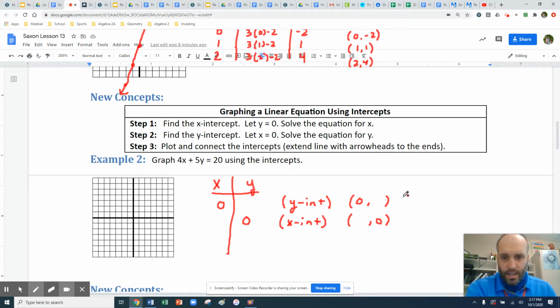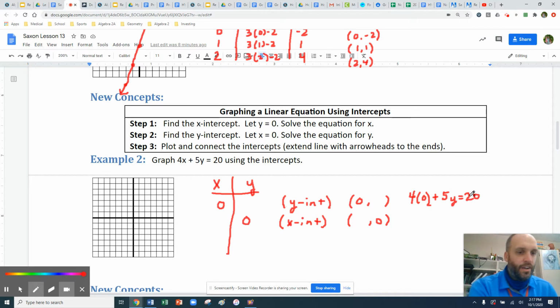So first, we are going to calculate the y-intercept. Wherever that line crosses the y-axis, x is going to be equal to 0. So we look at the equation. Instead of x, we're going to put a 0 in. We get 4 times 0 plus 5y equals 20.